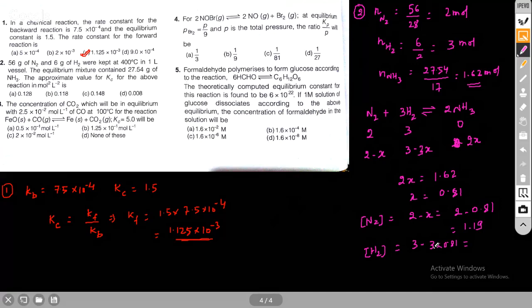No, we have one mole only here, you see. One mole of N2, so it is x. 3, so it is 3x. 2, so it is 2x.